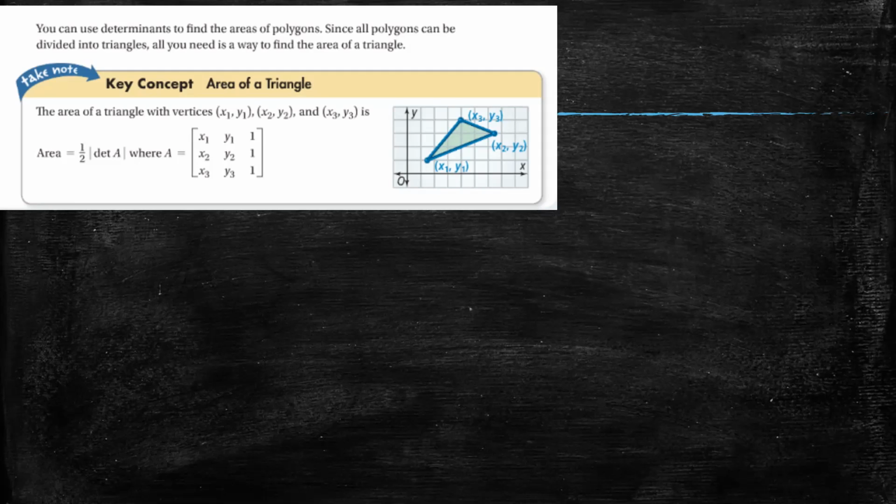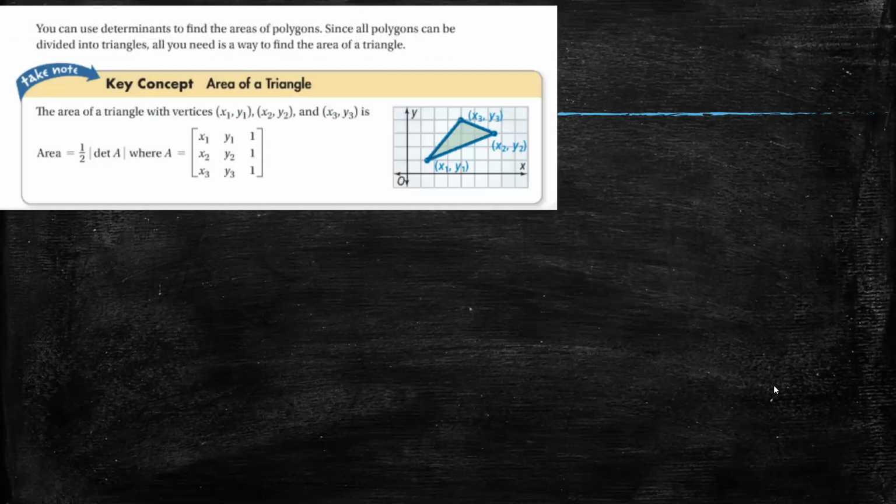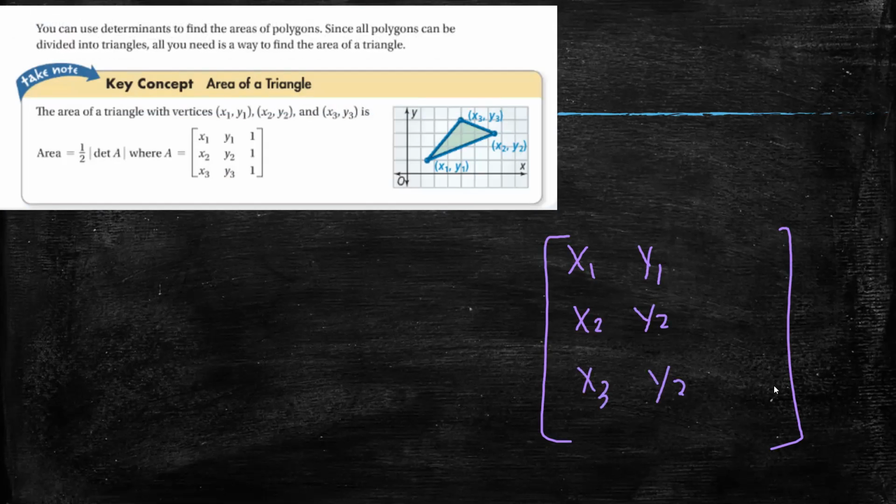How can I write this matrix now? Look here, we have x1, y1, x2, y2, x3, y3. Teacher, if I start with x3, no problem.